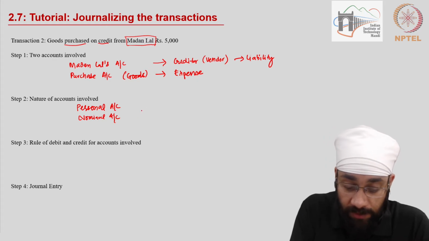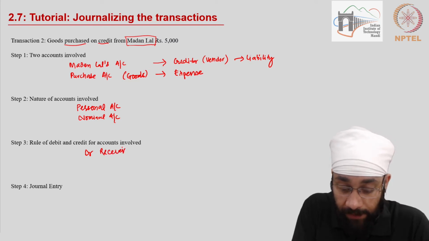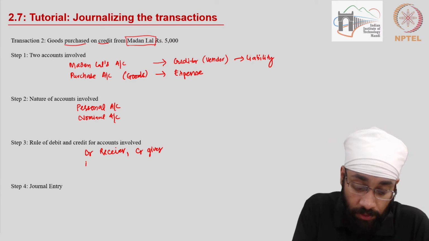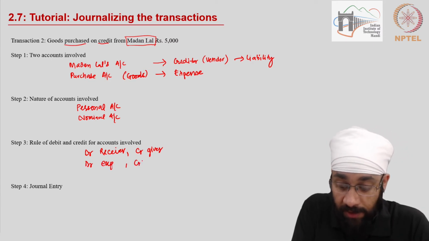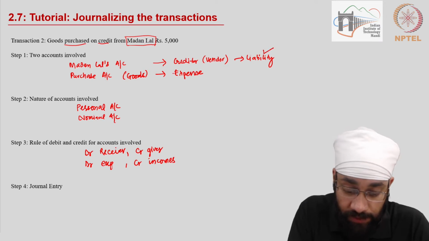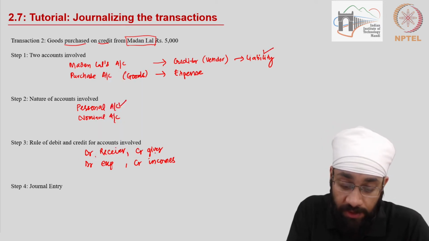So for personal account, you have debit the receiver and credit the giver. Nominal account, you have debit expenses and losses, and credit all incomes and gains. So you have a liability here, which is personal account. For personal account, debit the receiver, credit the giver.